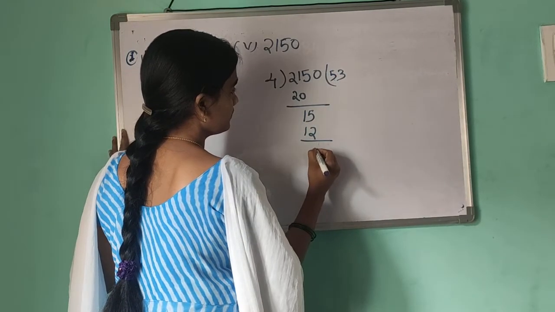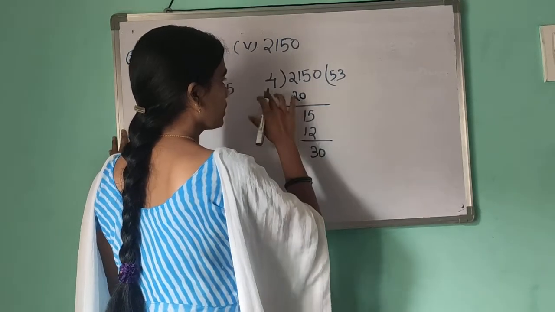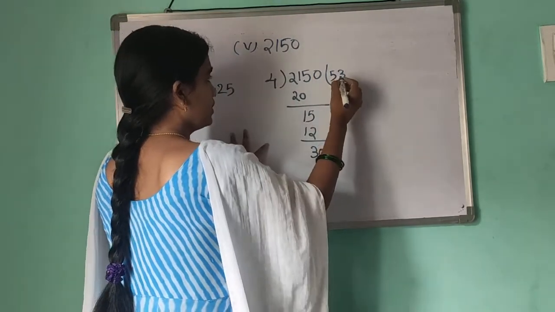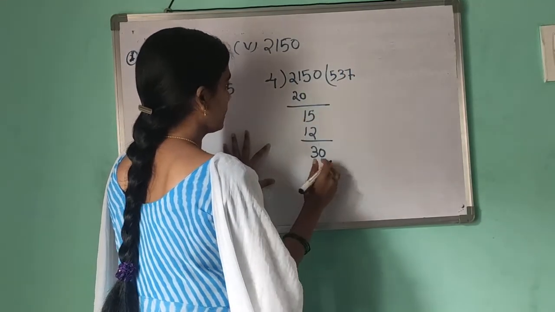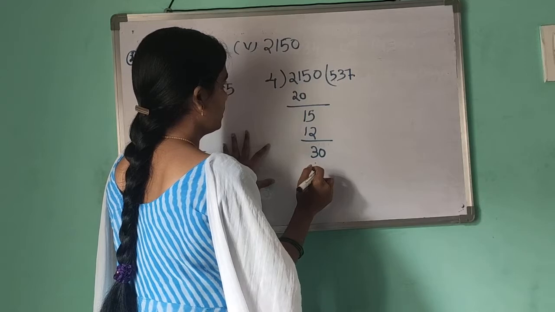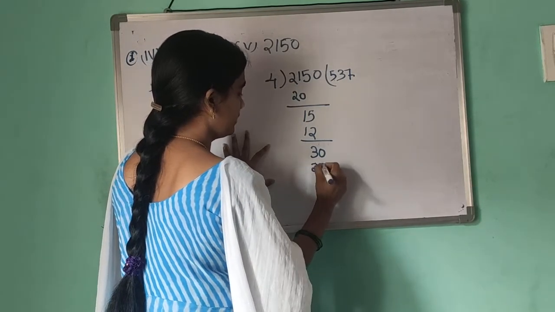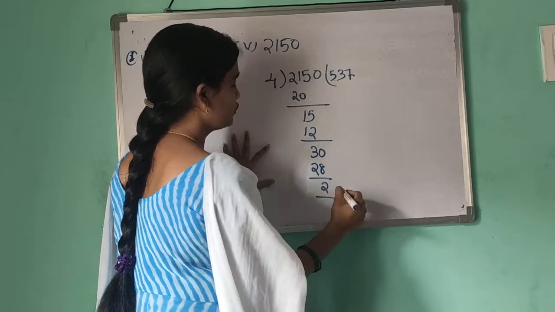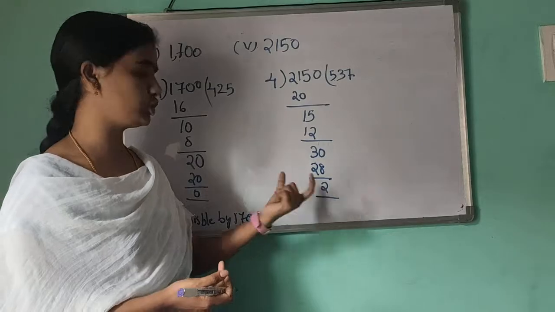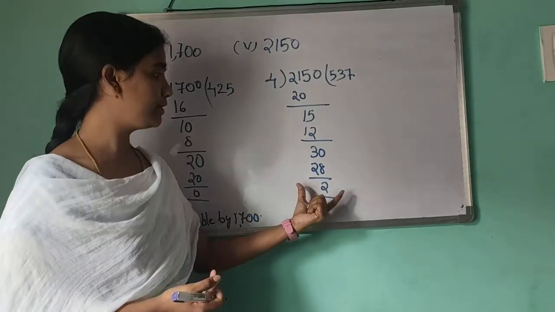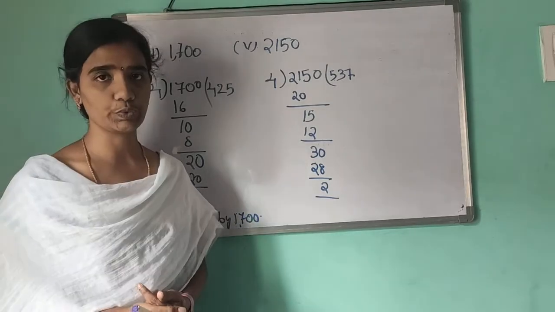Remainder is 3, 0. 7 4s are 28. Remainder is 2. So we did not get 0. The remainder is 2.